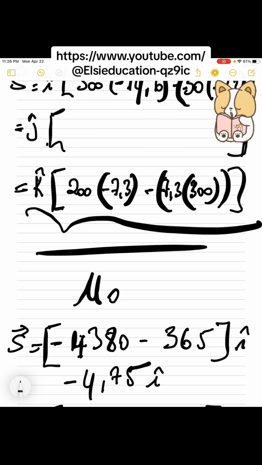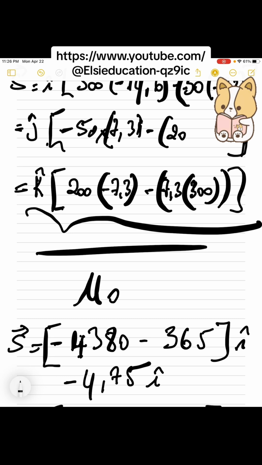So what they did is minus 50 multiply by 7.3. Okay, minus 200 multiply by minus 14.6.